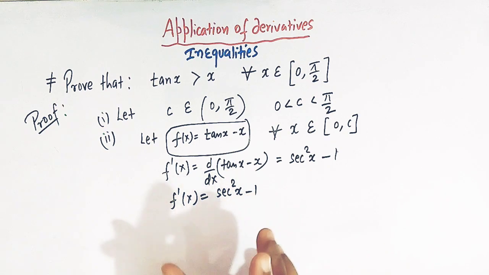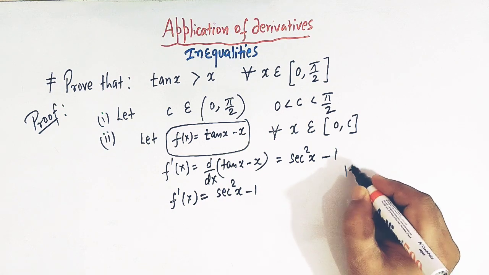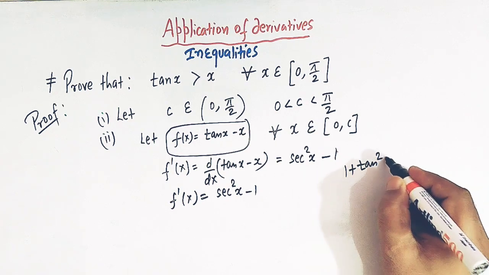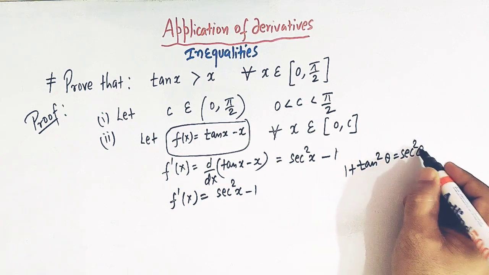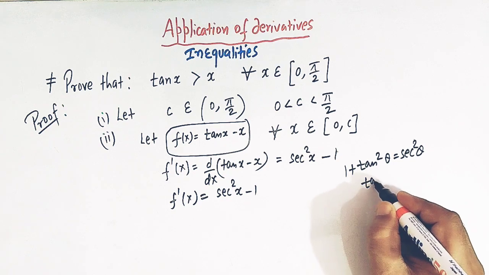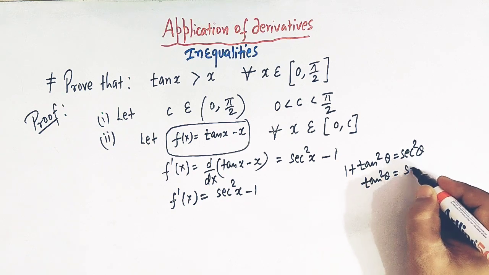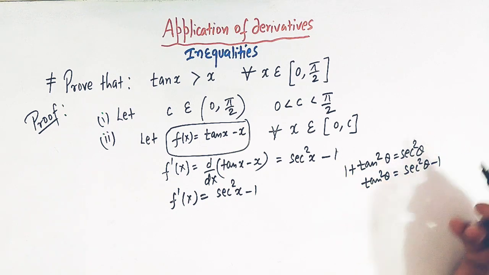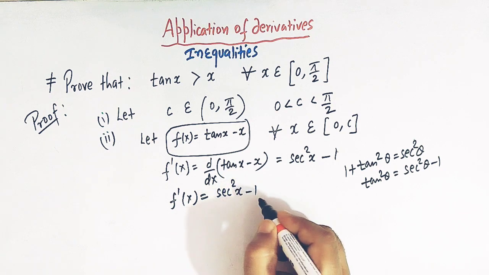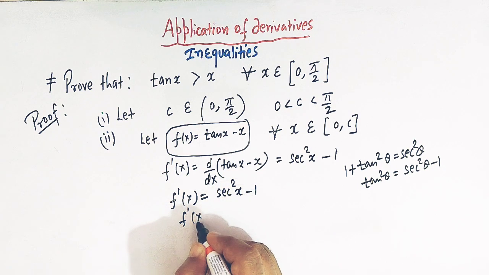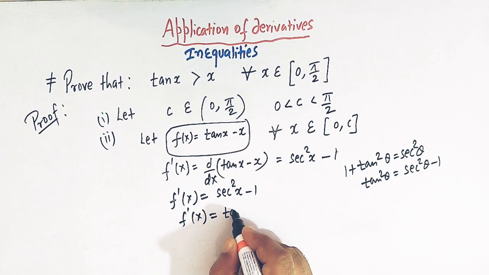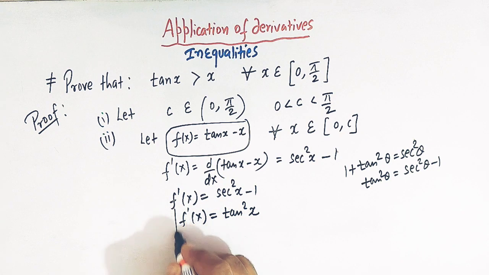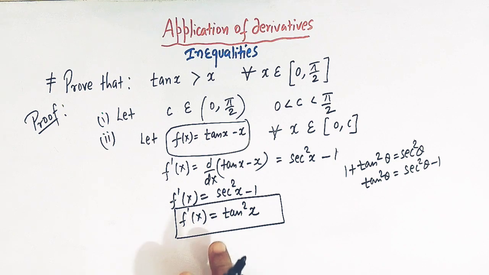Here we make use of an important trigonometric identity, 1 plus tan square theta is equal to secant square theta. So tan square theta is equal to secant square theta minus 1, taking the 1 to the right hand side. So secant square x minus 1 can be replaced by tan square x. So we have got this derivative.